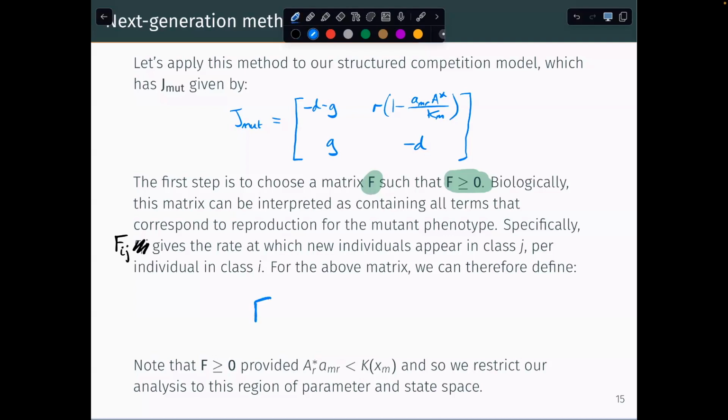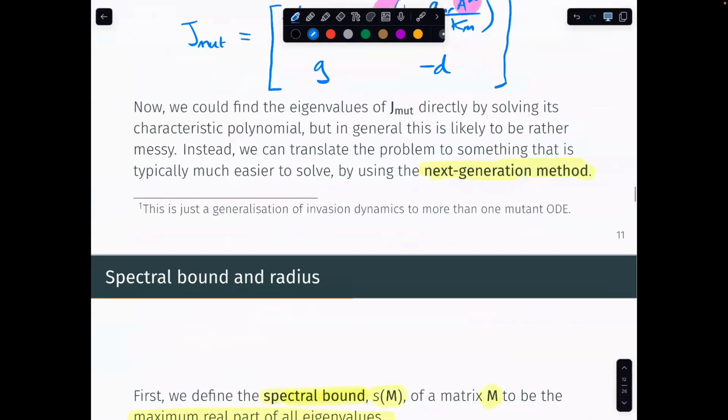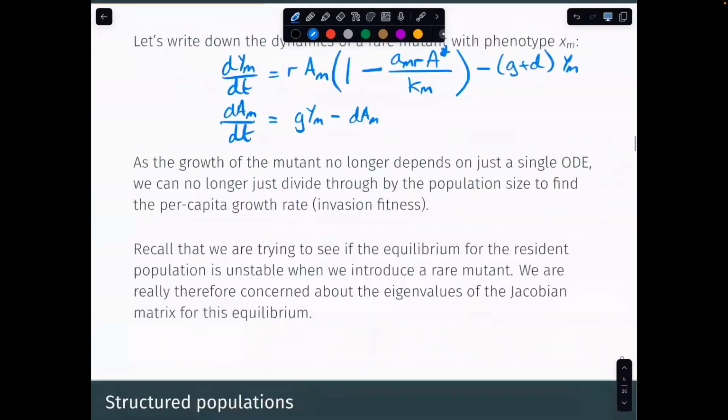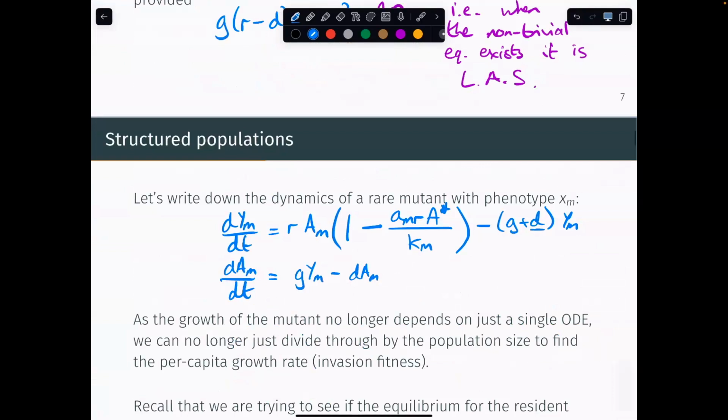So for our matrix above, we can just write this down as F is going to equal, well, let's go through each of the elements in J mut. This entry here corresponds to deaths of young individuals and maturation of young individuals. So no new individuals are produced here. Okay, they're just dying, or they are, yes. So isn't the death of adult individuals? It's death of, no, we've got it in both of the equations.